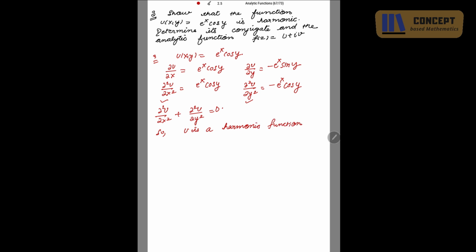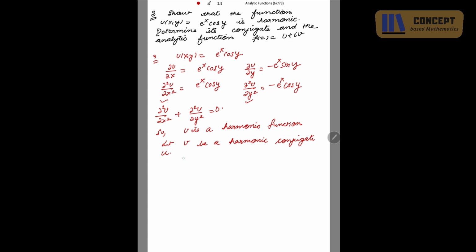Just as done in the previous questions in the previous class, we are to find the harmonic conjugate v. Now u is harmonic, so let us suppose v be the harmonic conjugate of u.